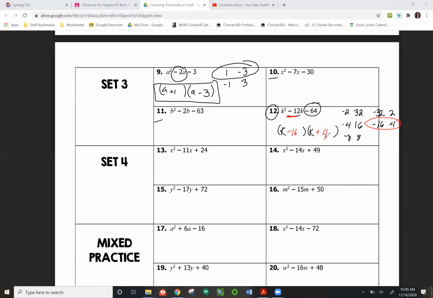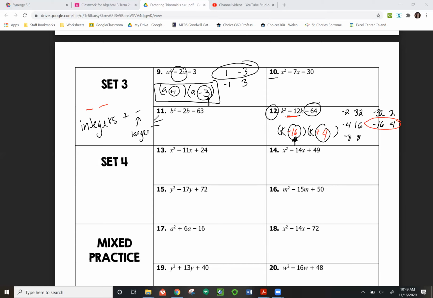Now, what was the theme with this set? You had two minus signs this time. So what are our integers going to be? Well, we're going to have a positive and a negative, but this time the larger of the integers, by absolute value, is going to end up being negative.